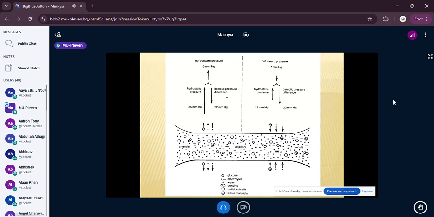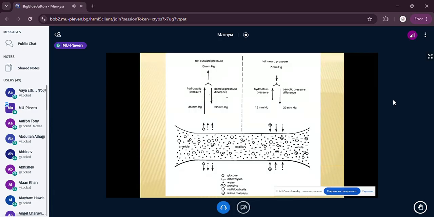So, and all those numbers you see, in fact, notice this is a capillary. An isolated capillary is considered here, and there is a virtual central part marked by this dotted line.